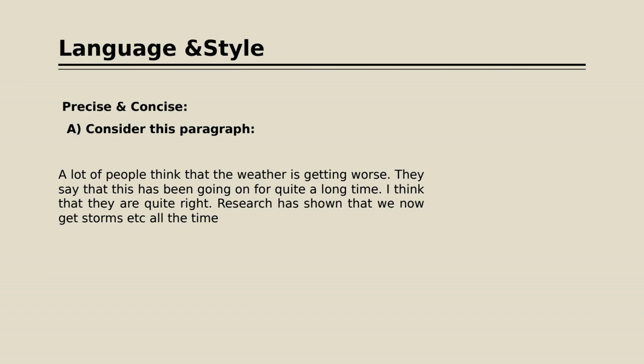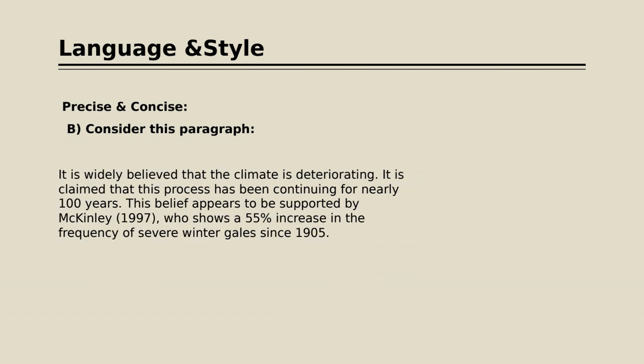Let's look at this one now. What do you think of this one? Can you see "getting worse" here? Can you see "going on"? This kind of phrasal verbs, this kind of imprecise language, "quite a long time."